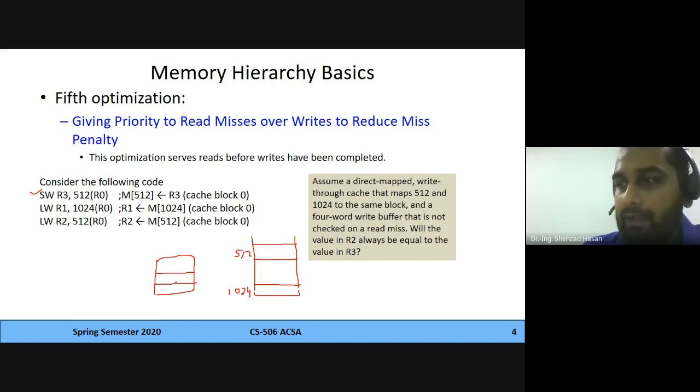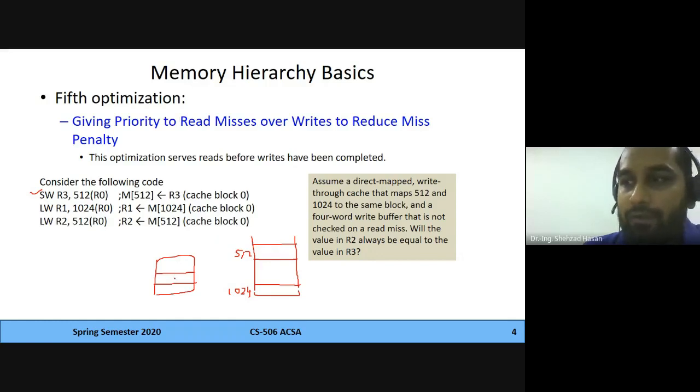In write allocate, you bring the block over here and then write it in the cache. If it's a miss, if it's not currently in the cache, you bring it in the cache, write it in the cache, and then it depends on what type of write policy you have: either write back policy or write through policy.